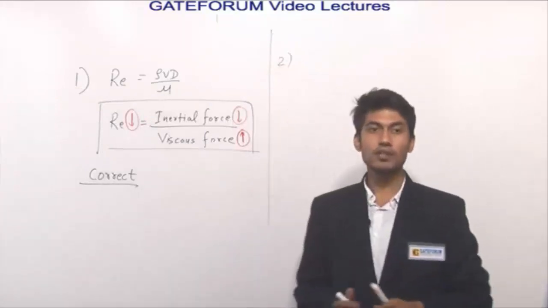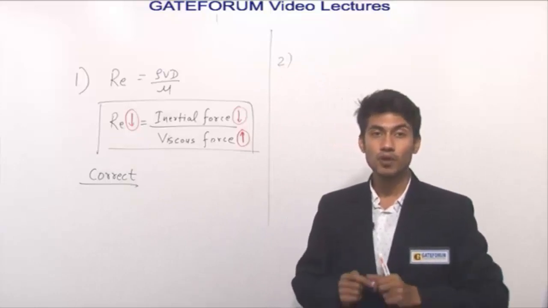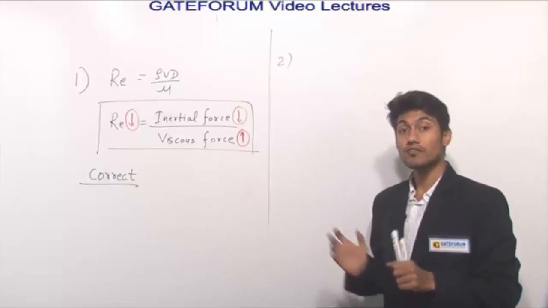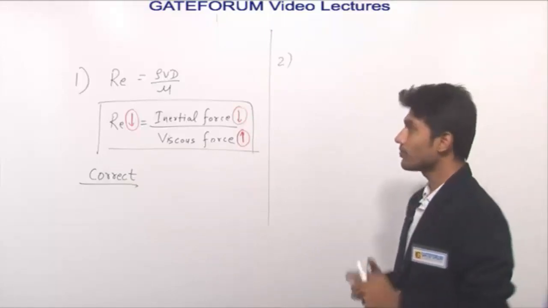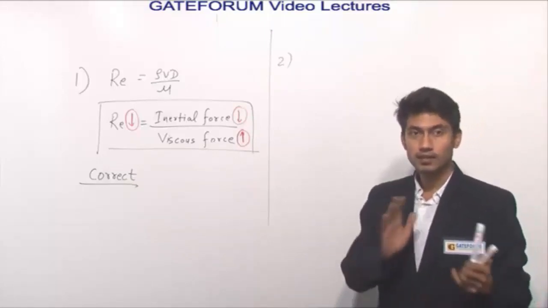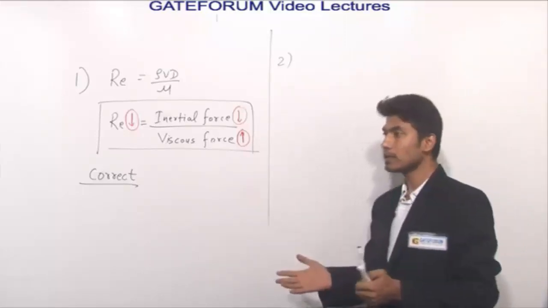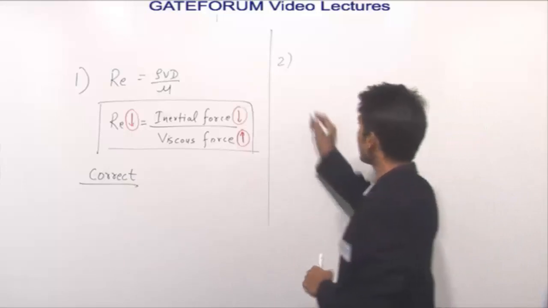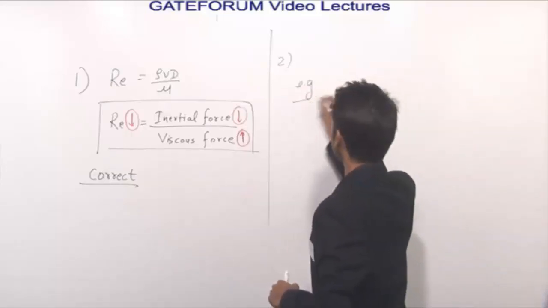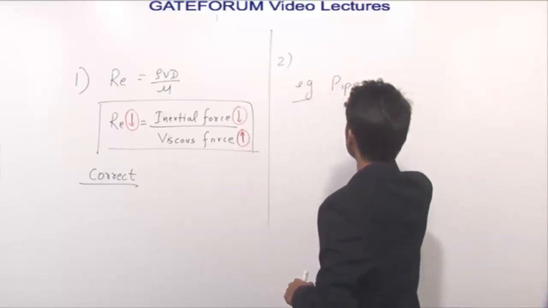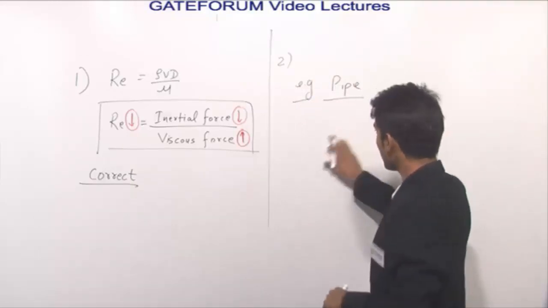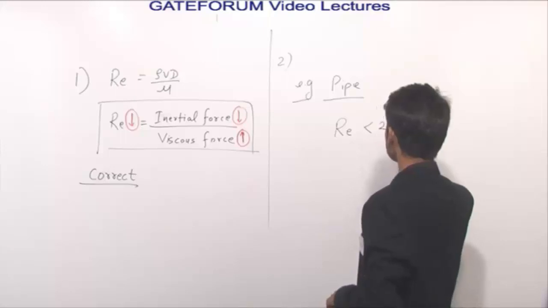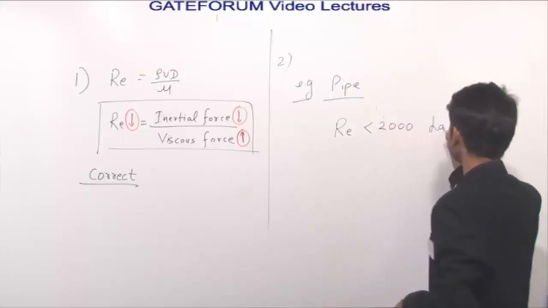statement 2. Statement 2 says: transition from laminar to turbulent flow occurs over a range of Reynolds numbers depending upon the surface presented to the flow. The first part of this statement, that transition from laminar to turbulent has a range of Reynolds numbers, is correct. For example, for a pipe, Reynolds number less than 2000 is termed laminar.